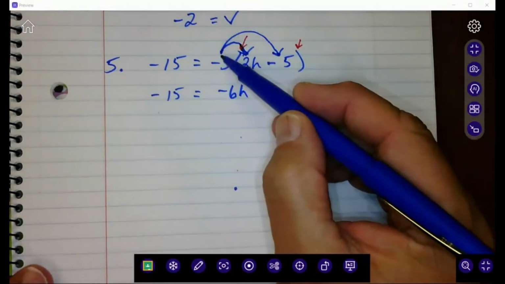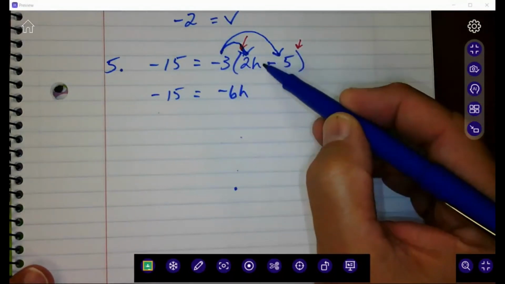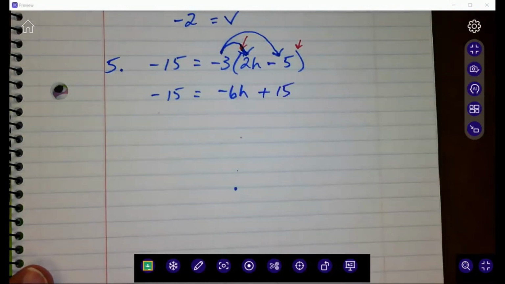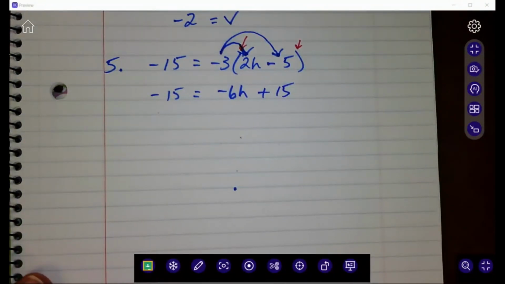Okay, we're multiplying, so we have -3 times -5. That gives us +15.